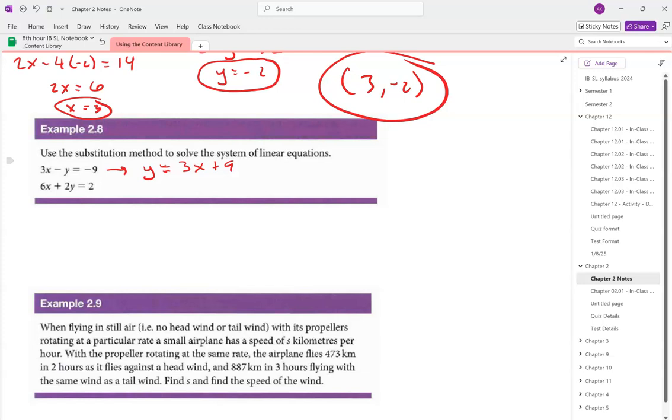And then what do I do with that? Substitution's only good if you don't have something bigger than one.